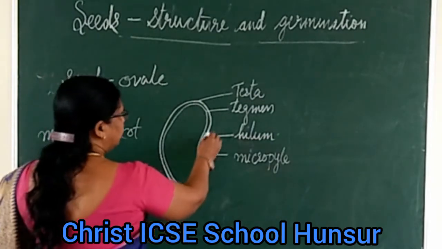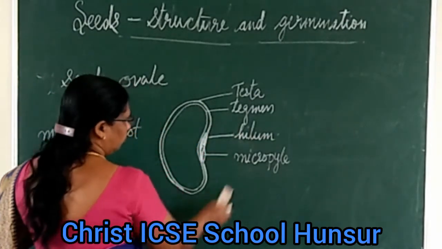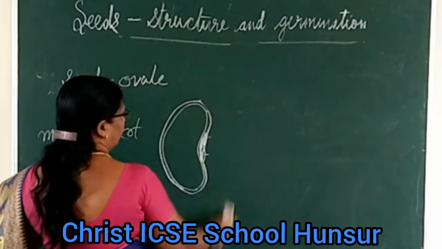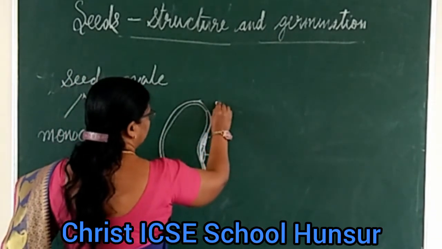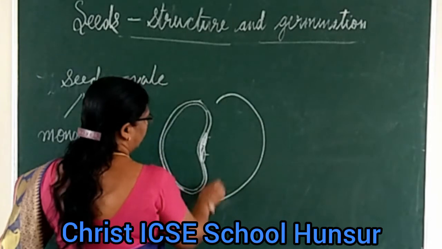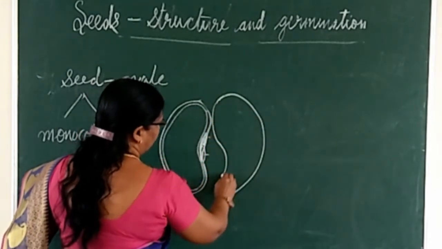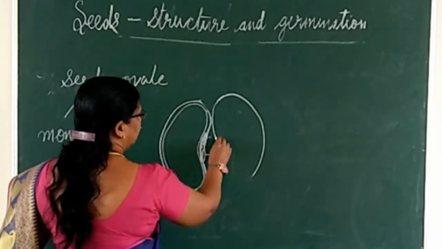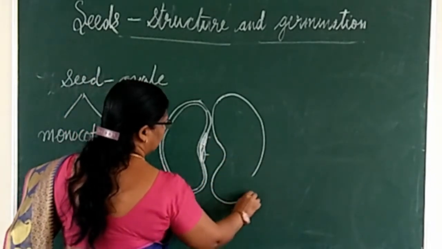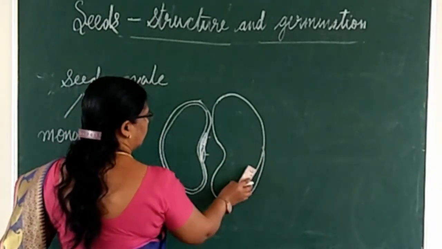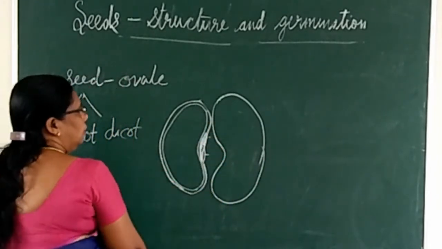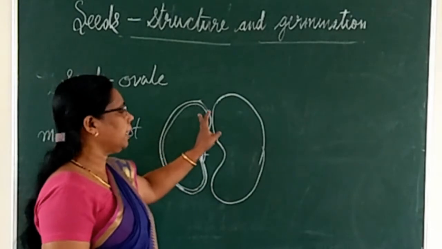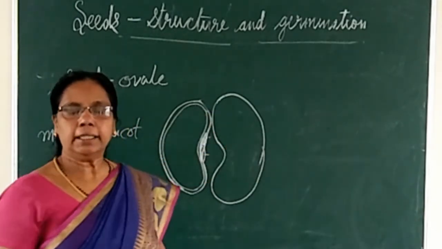This is one cotyledon, and this is another cotyledon. So, dicotyledon: two cotyledons.